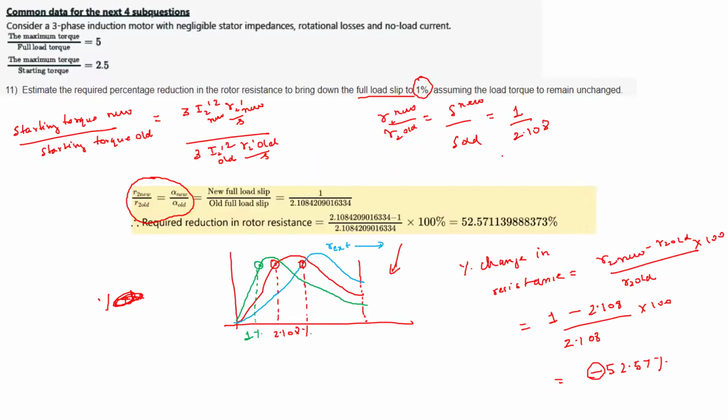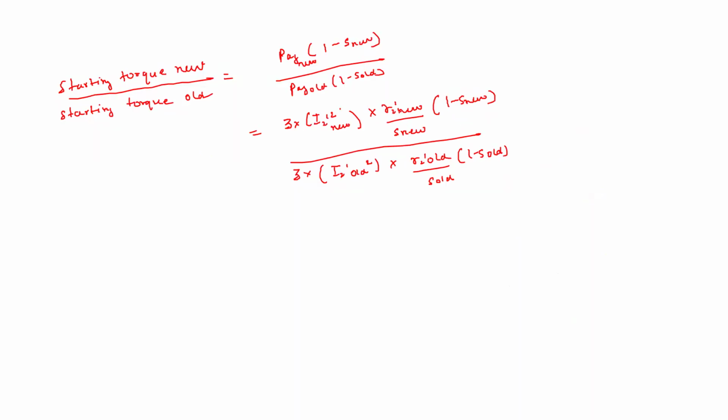Now you know the value of the old slip, you know the value of the new slip. Also, you know the ratio of R2 new to R2 old by this relation. So here you know the ratio of R2 new to R2 old, and you know the ratio of S new to S old.